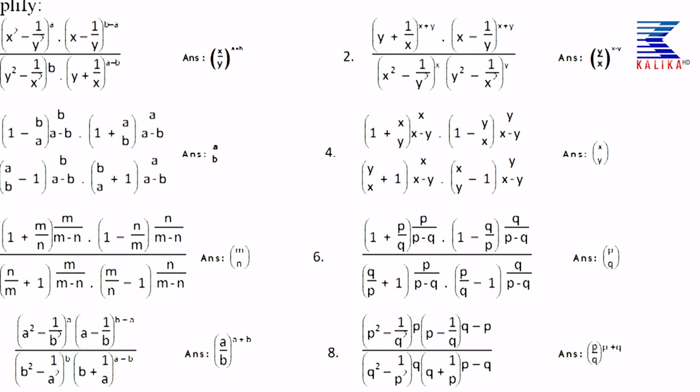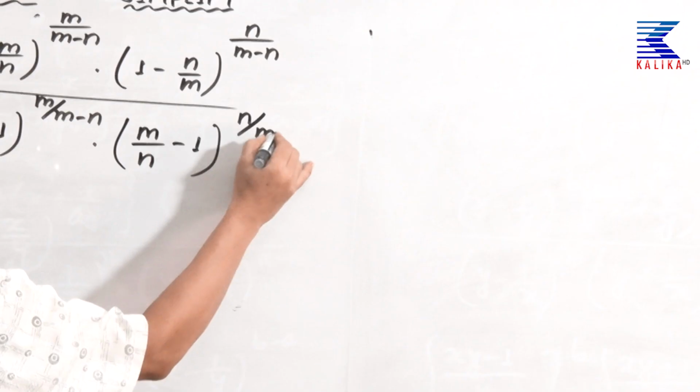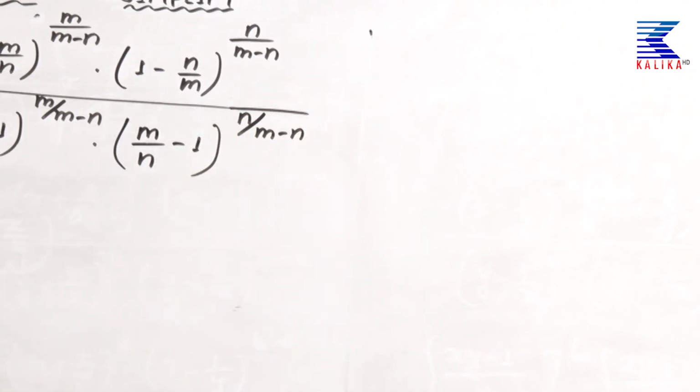(1 plus m/n)^(m/(m minus n)) into (1 minus n/m)^(n/(m minus n)), whole upon (n/m plus 1)^(m/(m minus n)) into (m/n minus 1)^(n/(m minus n)). Okay? 1 plus m/n and n/m plus 1, the power is the same.